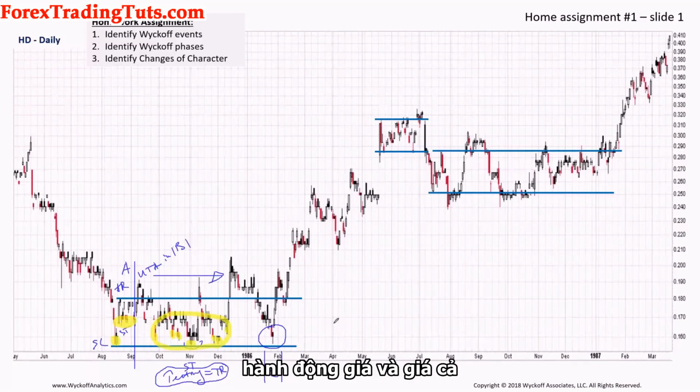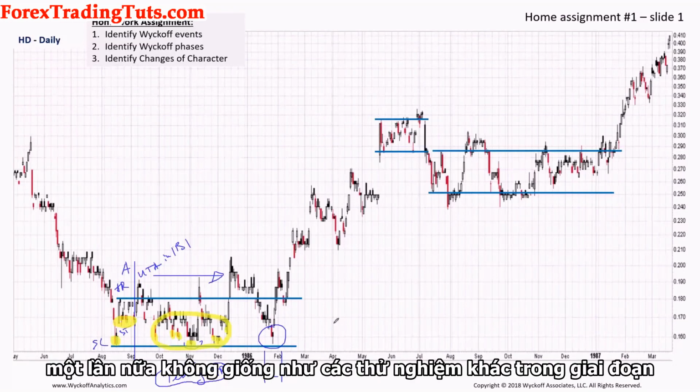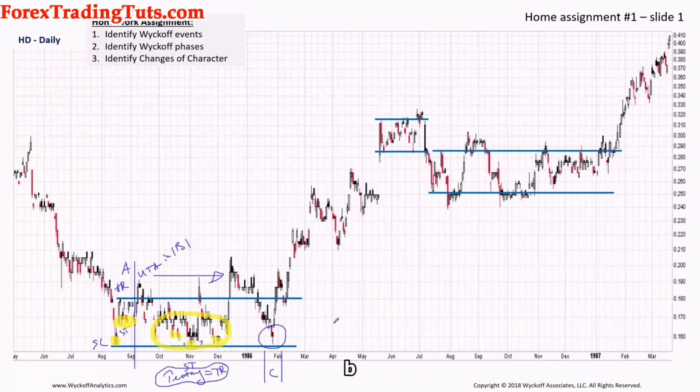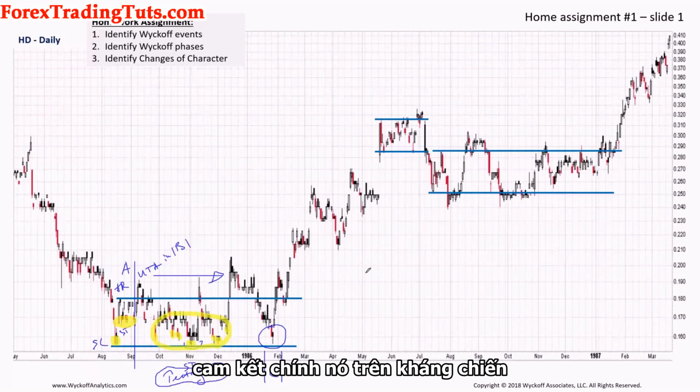The price action, unlike the other tests in phase B, gets much closer, and the spread of the bar narrows, and the rally that follows for the first time traverses through the trading range, commits itself above the resistance level, and then stays above that resistance level.